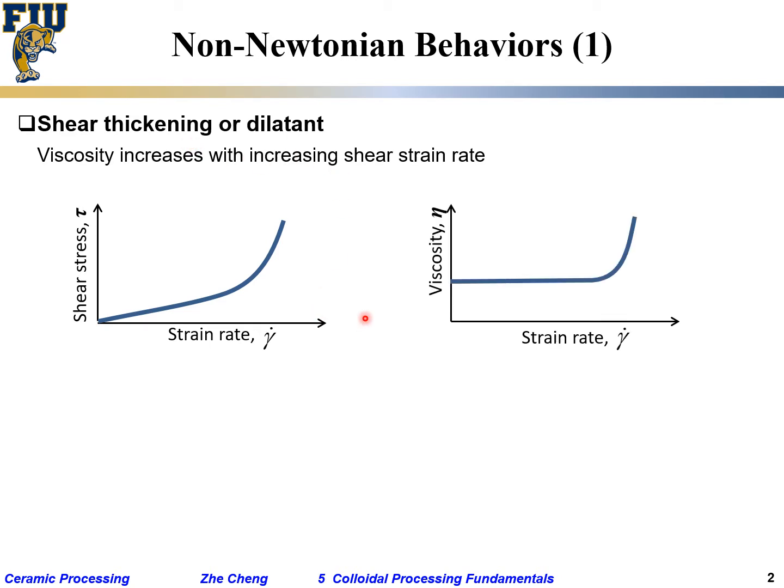This is how the viscosity behavior would look: viscosity, eta, initially constant, and then at higher and higher strain rate, the viscosity goes higher. That's why we call it, repeat with me, thickening, get thicker.